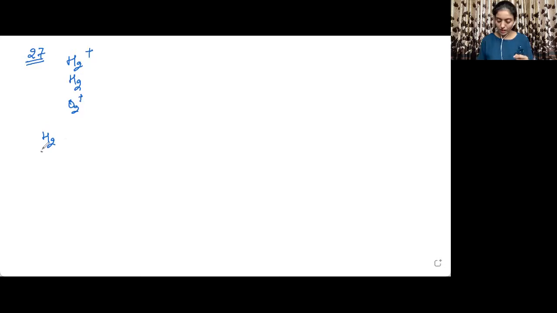H2 molecule will get a positive charge. So this means in this very molecule ion, 1 electron has been removed. Total there were 2, 1 was removed, so it will have only 1 electron. Similarly, in this case, H2, 1 hydrogen atom, 1 electron. Second hydrogen atom, second electron. So 1 plus 1 is equal to 2 electrons.